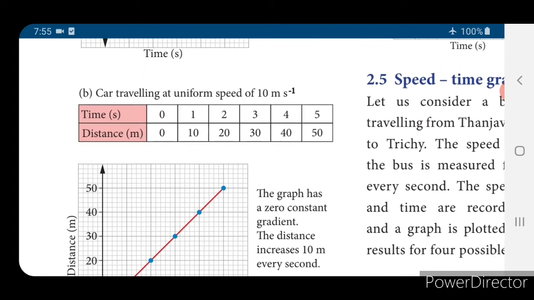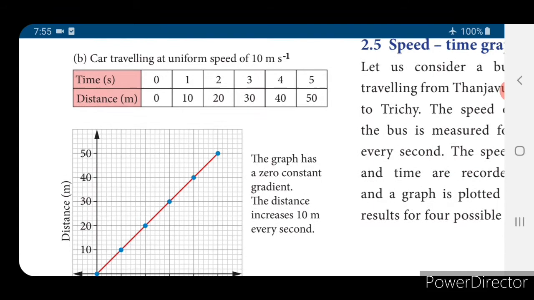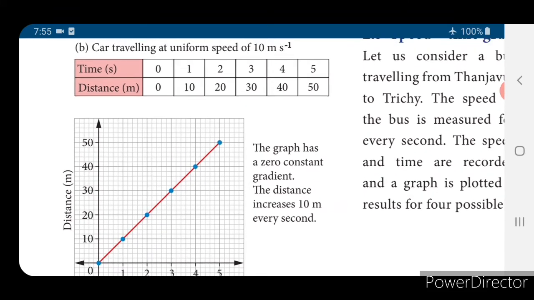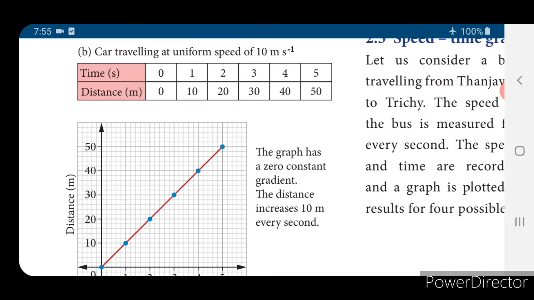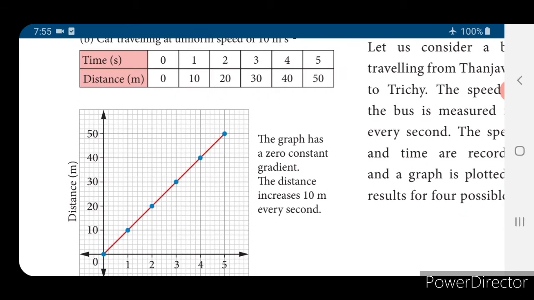Then the second one, a car traveling at a uniform speed of 10 meter per second. Uniform speed of 10 meter per second means that for each and every second it travels 10 meter. So at 0 second, the distance is also 0.